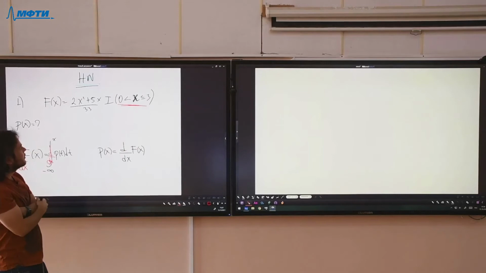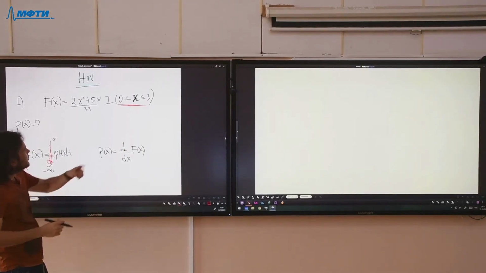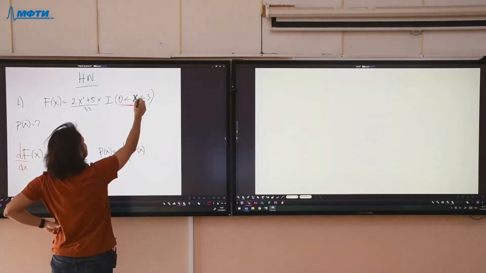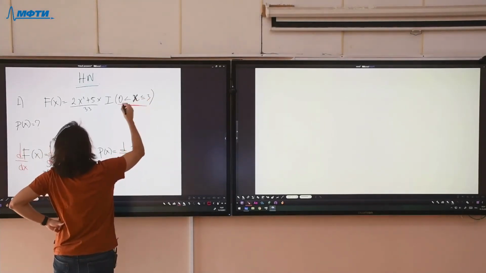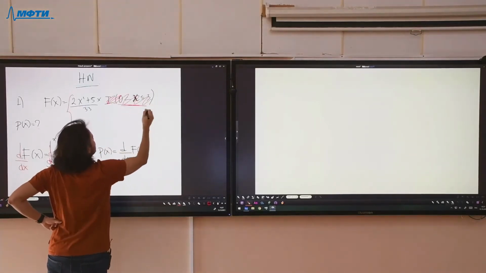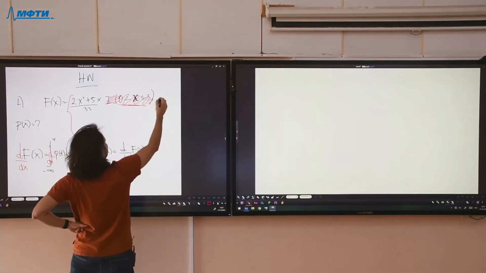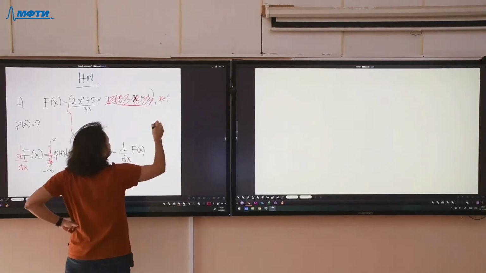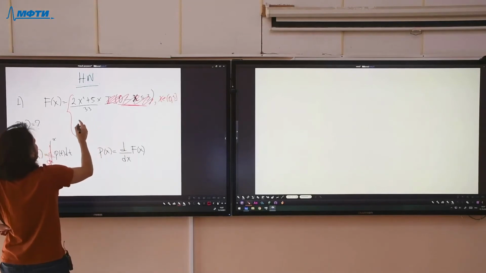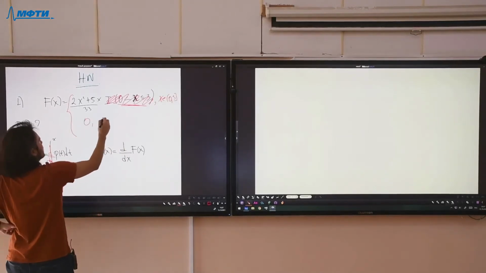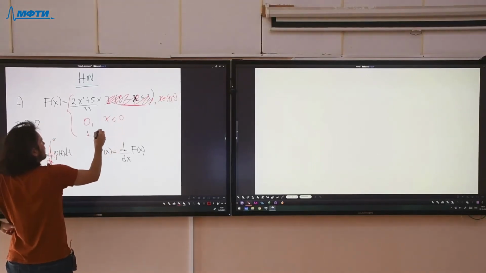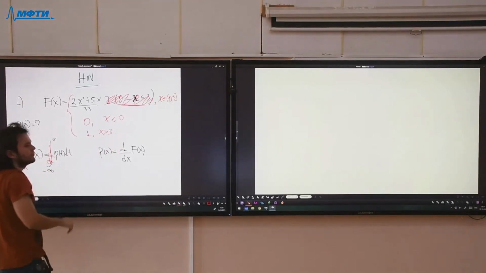So, by the way, this is wrong. Here it is if x belongs to 0 and 3, and this is 0 if x is less than 0, and this is 1 if x is greater than 3, right?